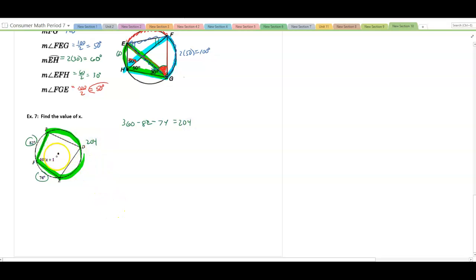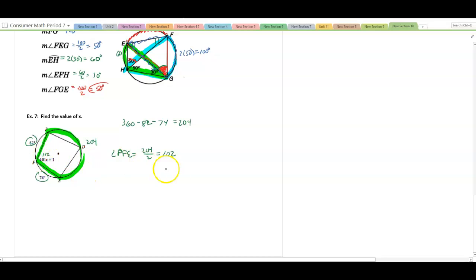Now remember, if this arc is 204 degrees, this angle is half of it. So angle PFE is equal to 204 divided by 2, which is 102.